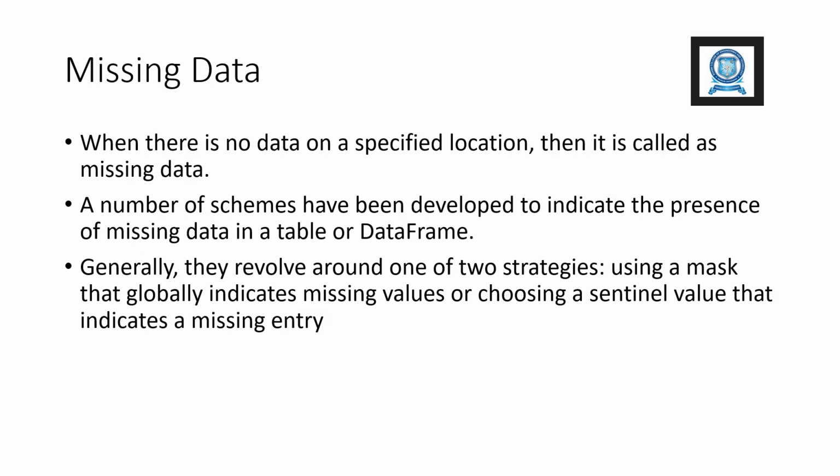Missing data. When there is no data at a specified location, it is called missing data. A number of schemes have been developed to indicate the presence of missing data in a table or data frame. Generally, they revolve around one of two strategies: using a mask that globally indicates missing values, or choosing a sentinel value that indicates a missing entry.